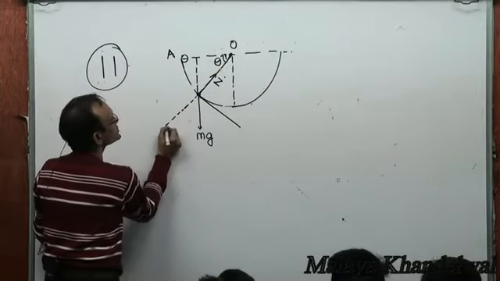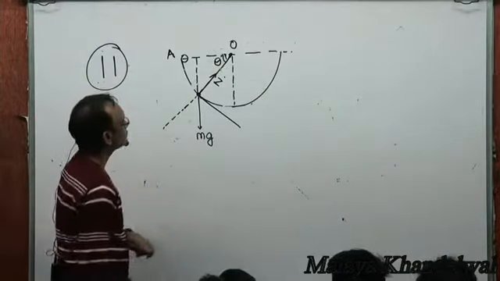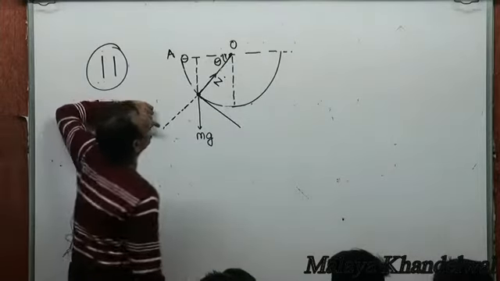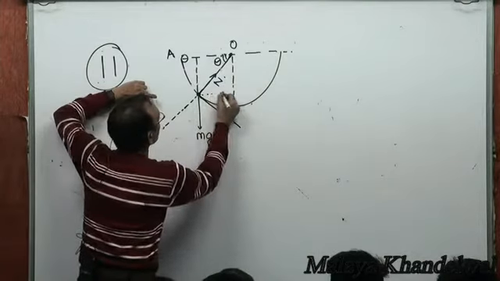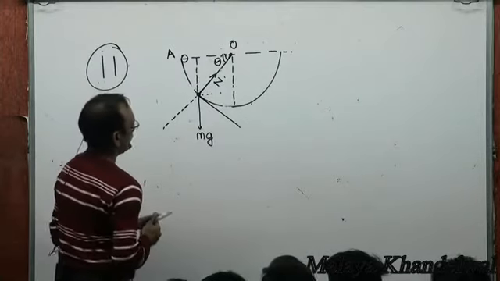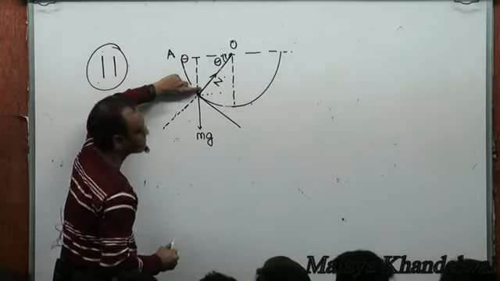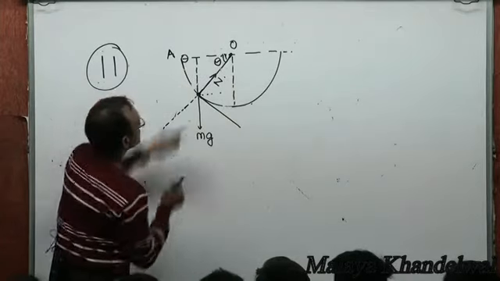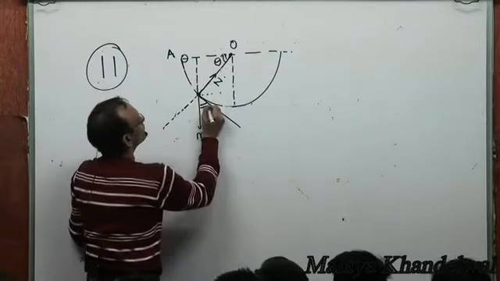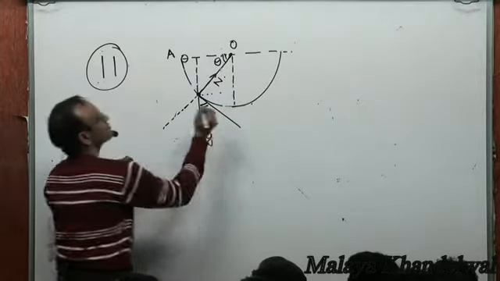This is the tangential direction. Very clearly, this angle is 90 minus theta, right? This is 90 minus theta. So this would be theta.